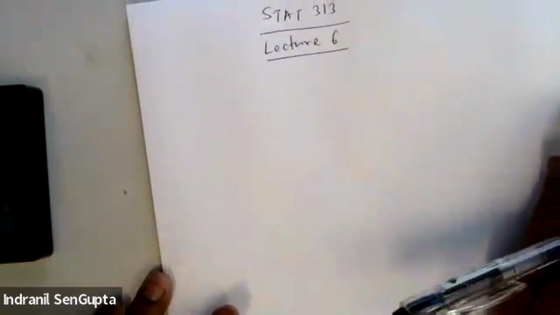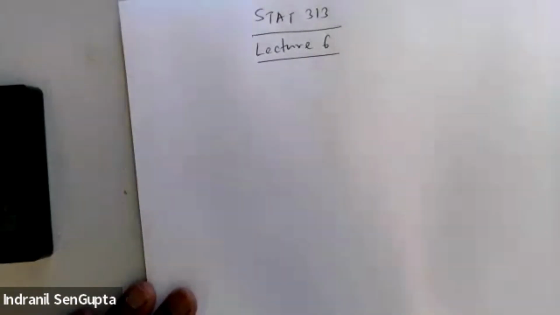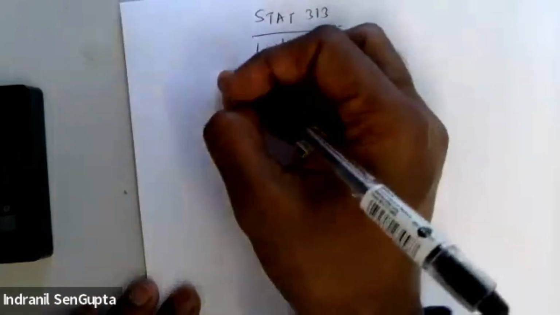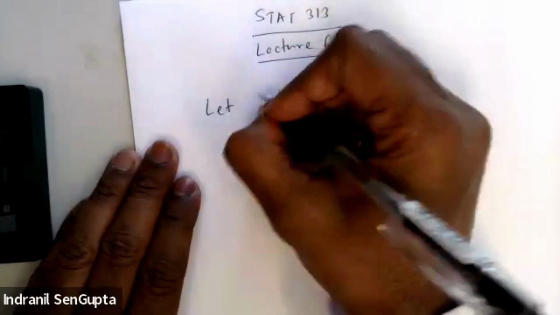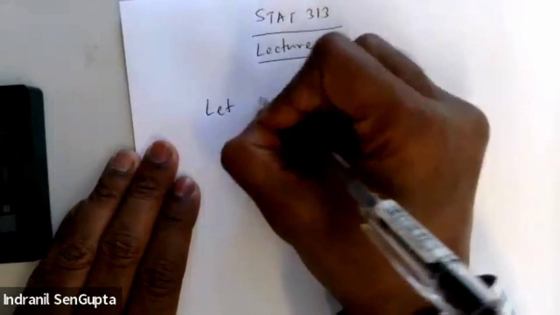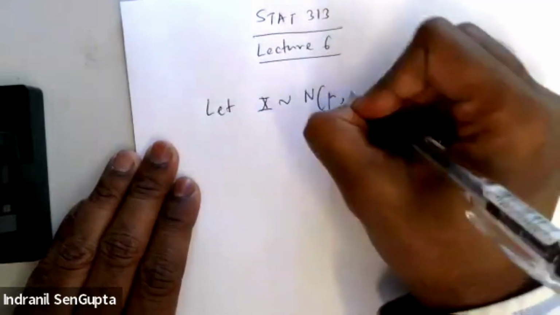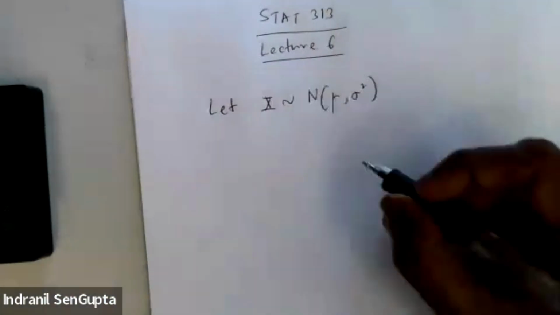Okay, so now let's get started. Last time we did a special case, the approximation with the large sample. But suppose now that X actually follows a normal distribution with mean mu and variance sigma squared. Last time we didn't know that.